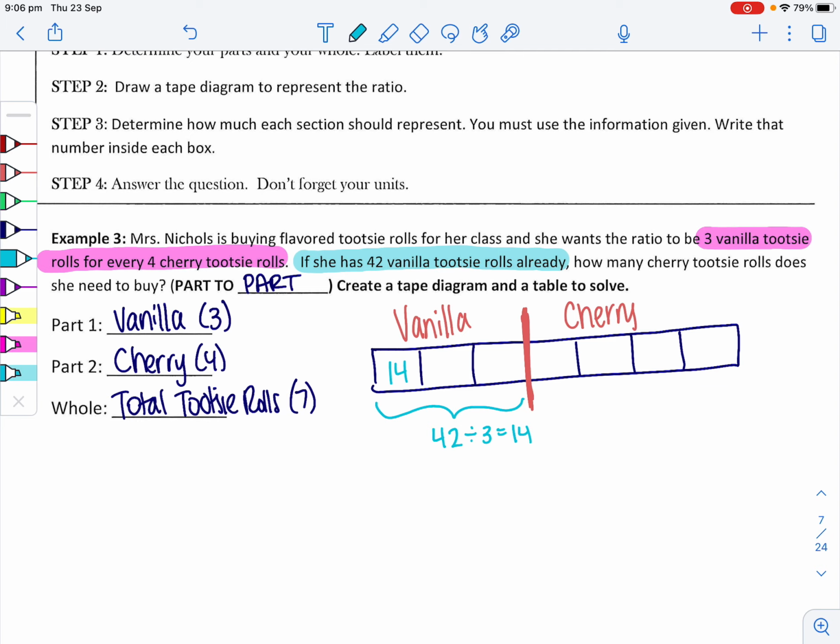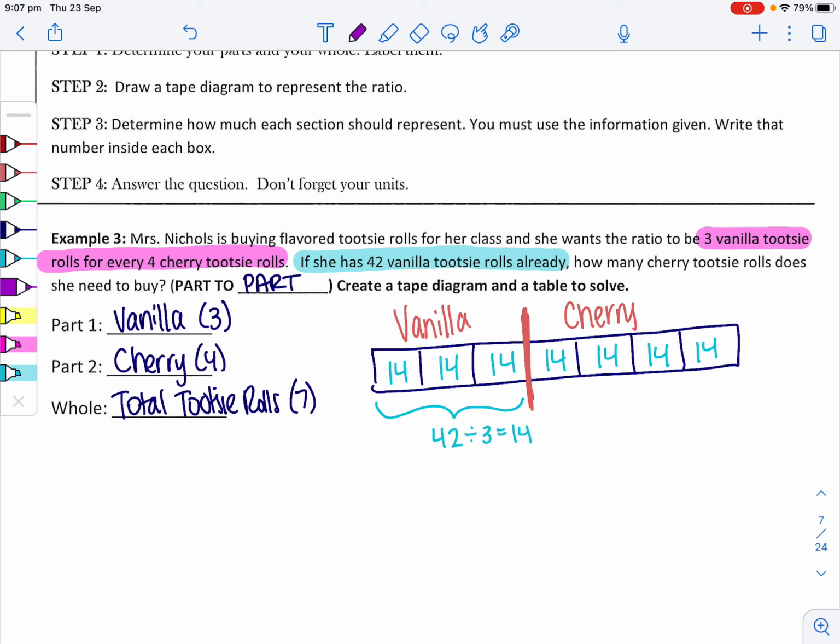So I'm going to have 14, 14, and 14. And because it is a ratio and we write equivalent ratios, we either simplify or we have to multiply to get to the next part of the equivalent ratio. I'm going to use 14s all the way across. That's going to keep my ratio equal.